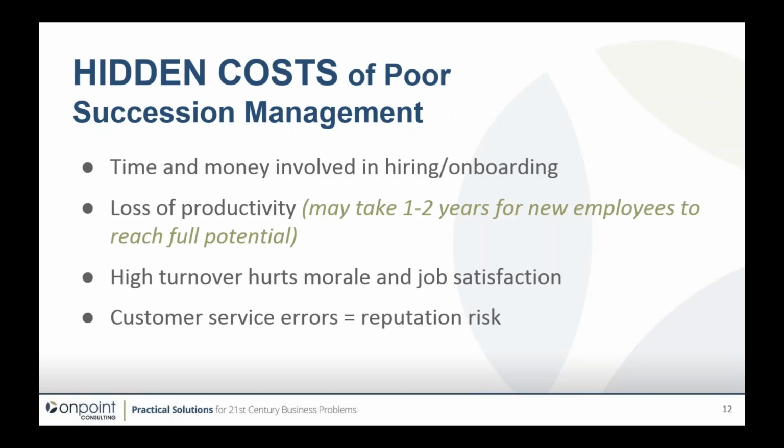It could take up to 1 to 2 years to actually bring new employees up to speed where they're really producing at a full level overall. The high turnover also impacts morale and job satisfaction, which in turn impacts customer perception of the organization and the overall perception of the organization.